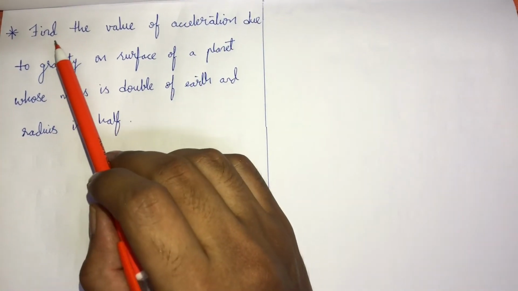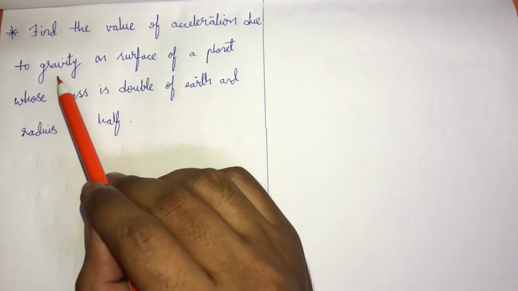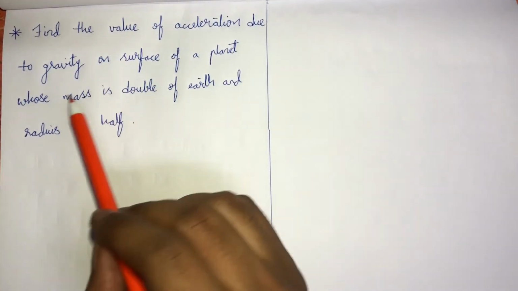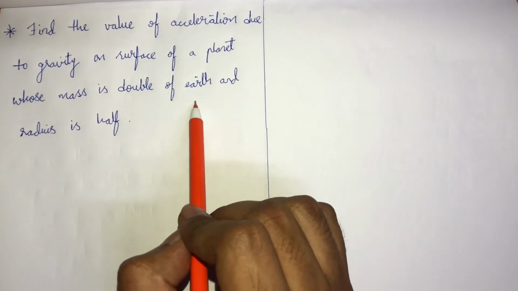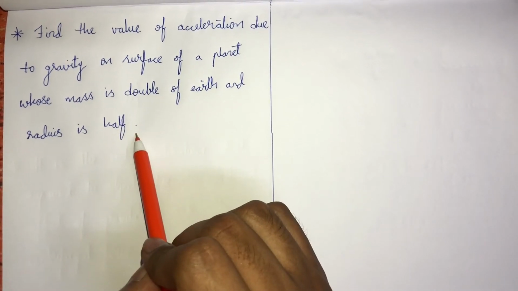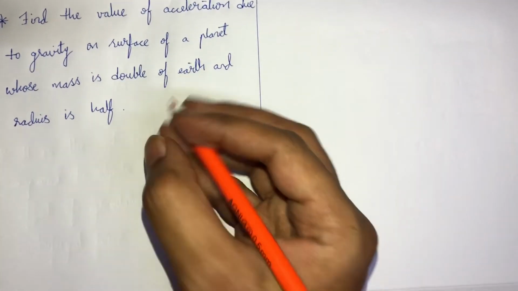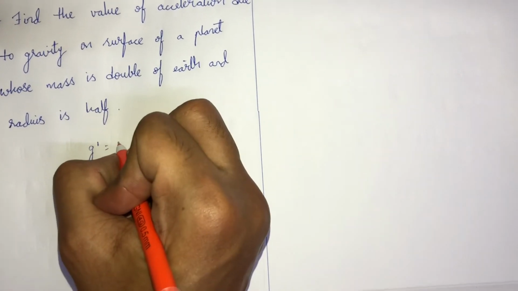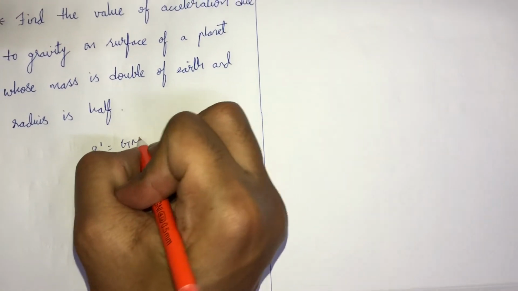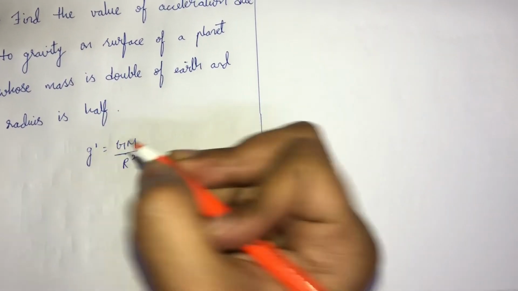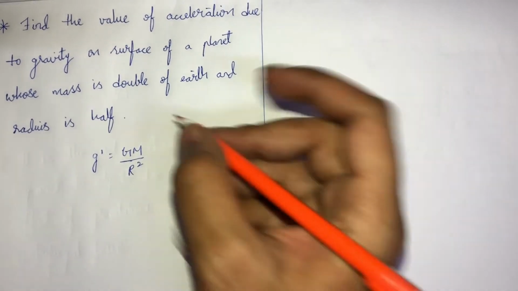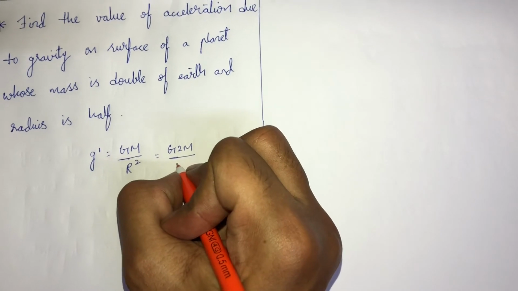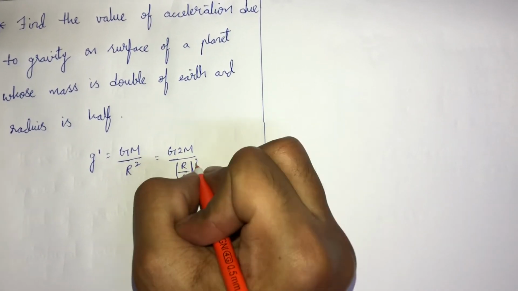Let's look at a problem based upon the acceleration due to gravity. Here they ask us to find the value of acceleration due to gravity on the surface of a planet other than the earth, where the mass is double that of the earth and the radius is half of that of the earth. As you already know, the acceleration due to gravity formula: g dash will be equal to GM by r square. As I already mentioned, the mass is twice that of the earth and the radius is half of that of the earth, that is r by 2 whole square.